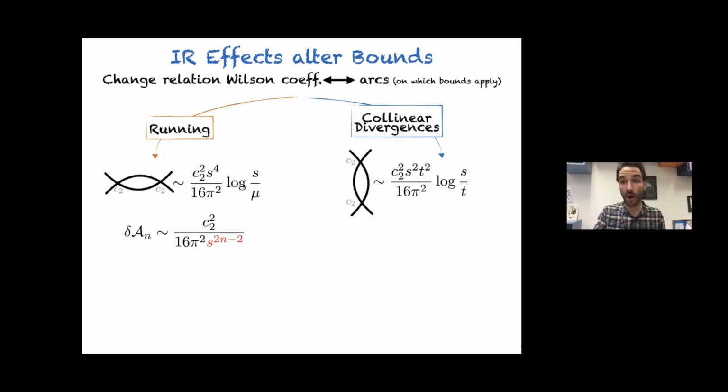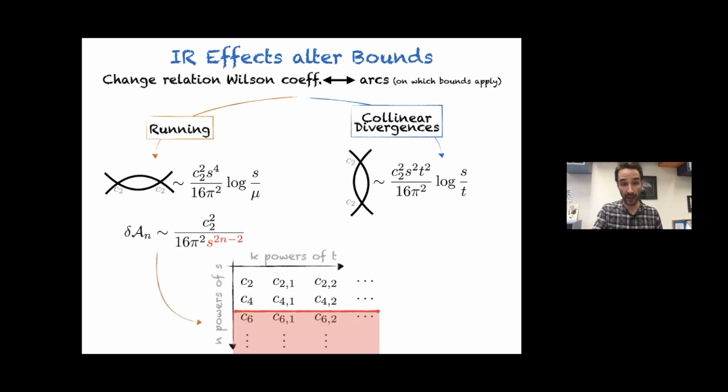because arcs, I remind you, are a bit like derivatives of the amplitude. Now, if we have a log, these derivatives will fish out the existence of the log, and in particular, for sufficiently high arcs, so for n big enough, they will induce a 1 over s behavior in the arc.